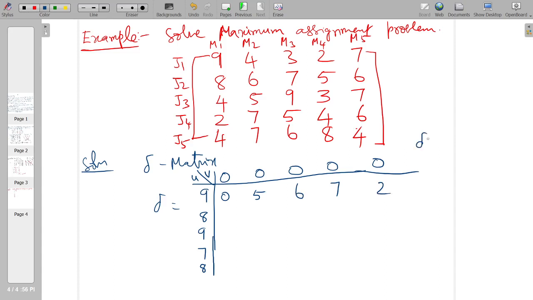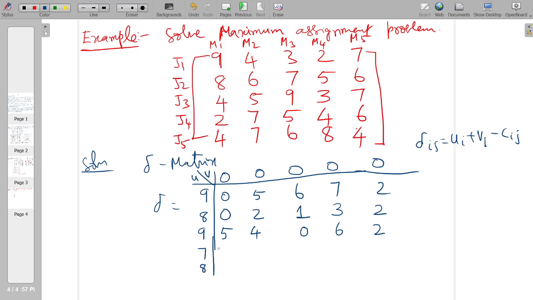How did I calculate this delta ij? Ui plus Vj minus Cij. 8 minus 8, 0; 8 minus 6, 2; 8 minus 7, 1; 8 minus 5, 3; 8 minus 6, 2. 9 minus 4, 5; 9 minus 5, 4; 9 minus 9, 0; 9 minus 3, 6; 9 minus 7, 2.